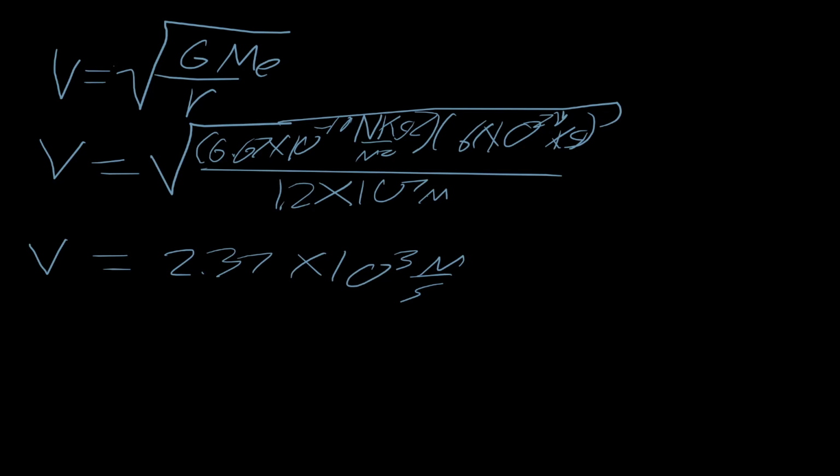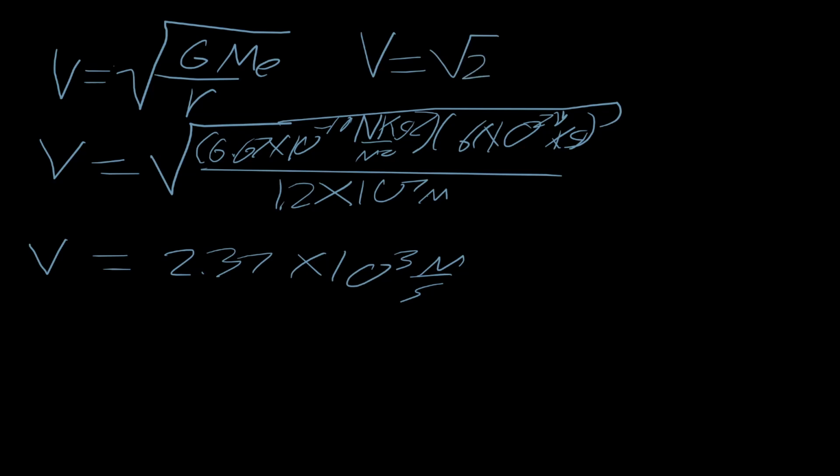Now our next question asks us, what is the escape velocity? So the idea of the escape velocity is that the object needs to accelerate to around 140% of its orbit velocity, and this will send us out of the planet pretty much.